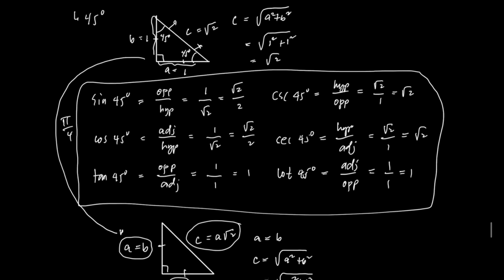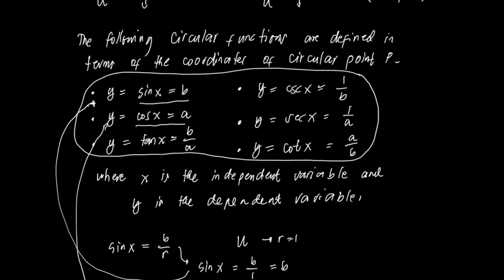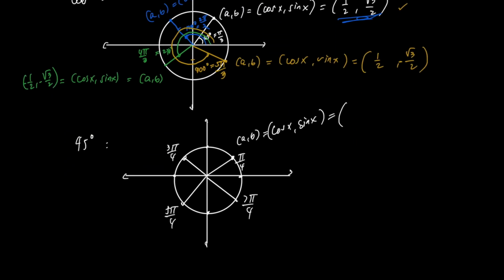The cosine 45 degrees is square root of 2 over 2, same with sine. So this one here is square root of 2 over 2. This is also square root of 2 over 2. So therefore this one here, this point here, which is AB, is cosine x, sine x. That is also square root of 2 over 2, square root of 2 over 2.